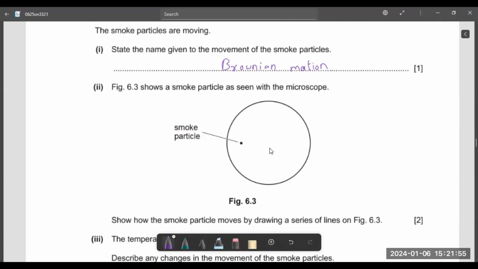Here we can see one smoke particle as seen with the microscope. Show how the smoke particle moves by drawing a series of lines. It is actually random motion.